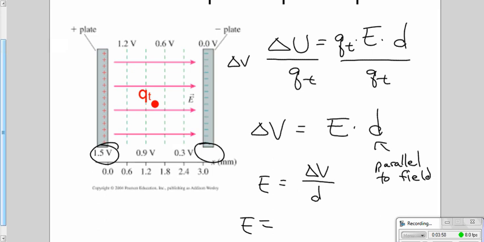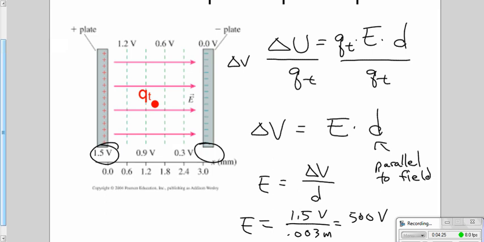That would be equal to 1.5 volts divided by, I'm going to convert this into meters, 0.003 meters. A little bit of math there. Gives us 500 volts.